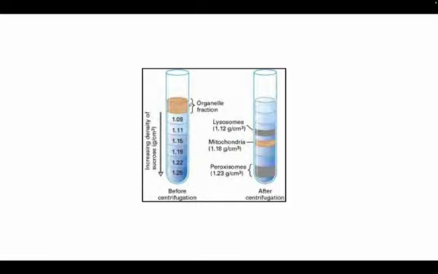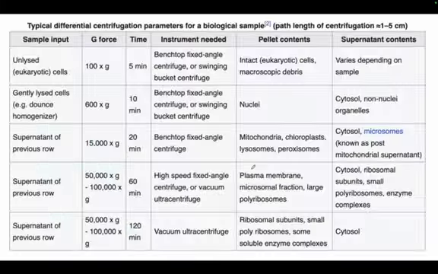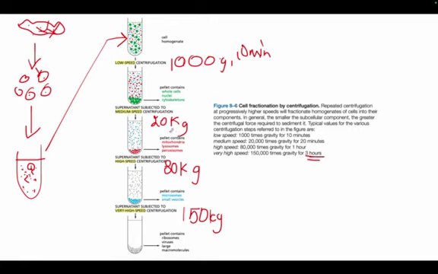So now when we add the organelle fraction and then have centrifugation, you can now see that lysosomes, mitochondria, and peroxisomes, if you remember in our first pellet, all three of these were separating together.